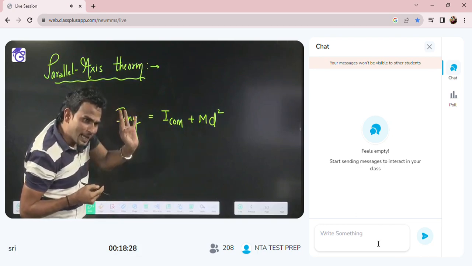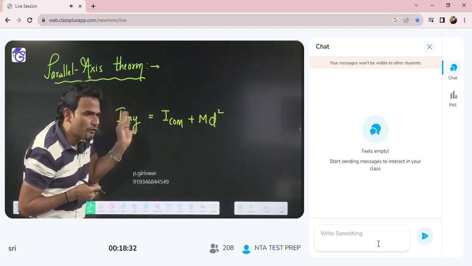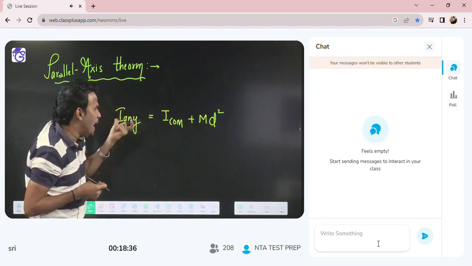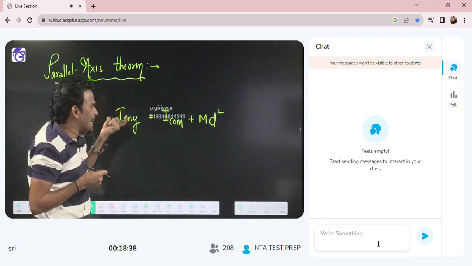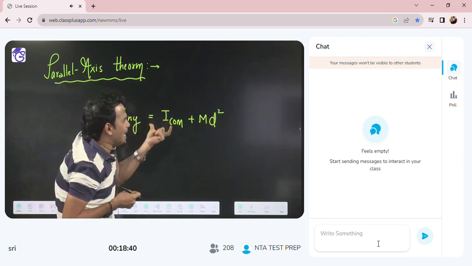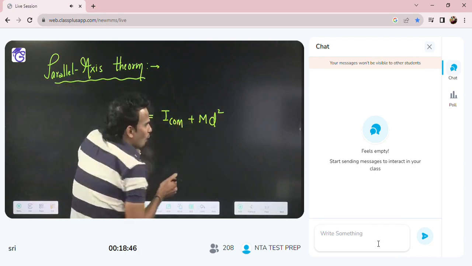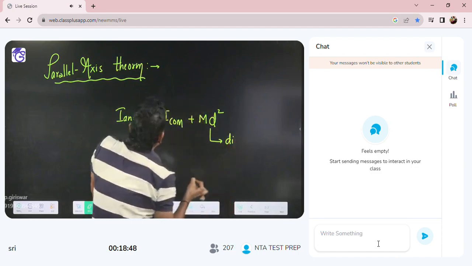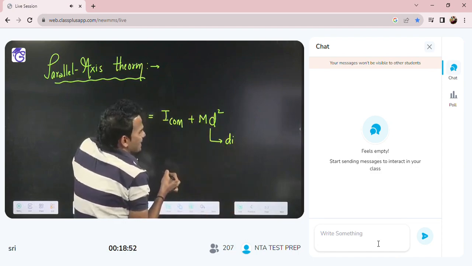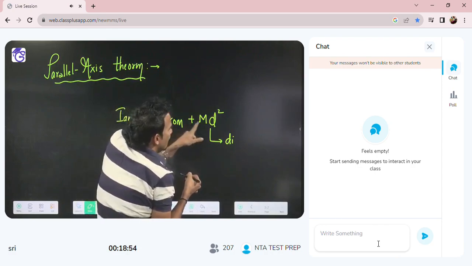So I_any will be equal to I_COM plus md square. Now always remember, this d is the distance of the new axis. Any axis means new axis now. I_COM means the axis which passes through the center, plus md square.